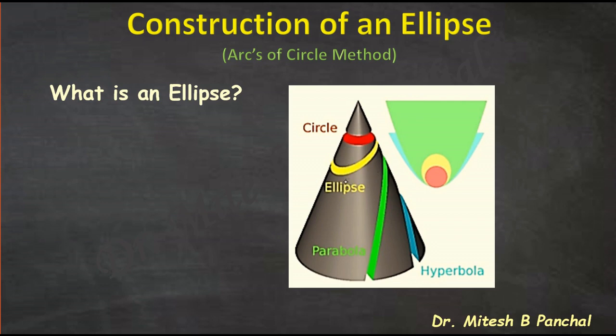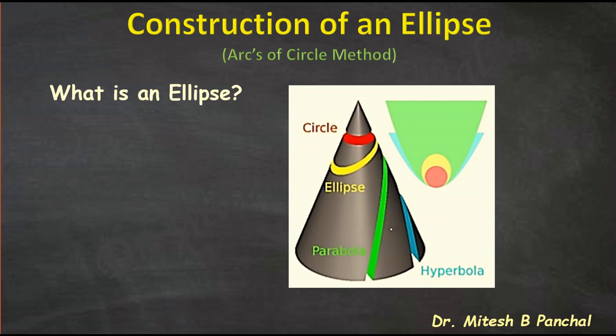So an ellipse can be obtained by taking a cutting plane which is inclined to the axis of a cone or inclined to the base of a cone. This green region is nothing but a parabola.